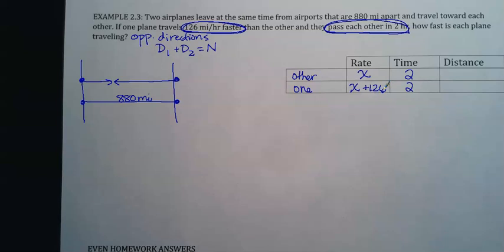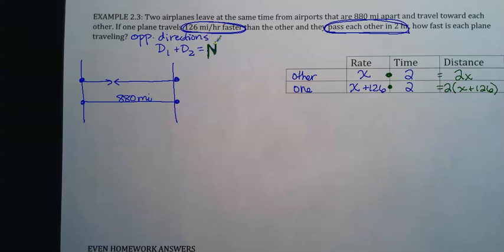Okay. All right, so now we're ready to get our distance. Remember, we just multiply our rate times our time to get our distance. So the distance for the other plane is going to be 2x, and the distance for our one plane is going to be 2 times the quantity x plus 126. All right, now we're going to go back over here, and we recognize that our distance 1 plus our distance 2 is going to equal our new total distance.